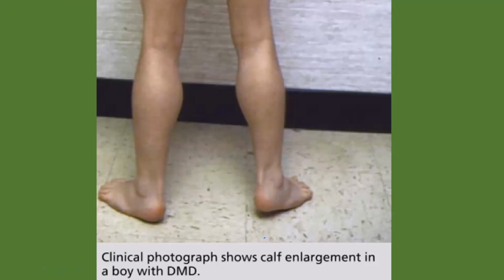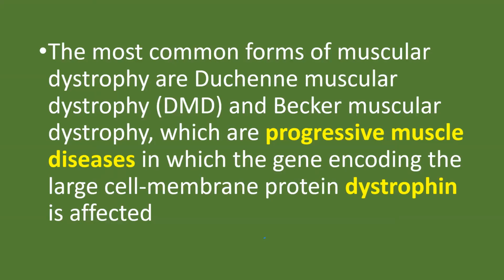The most common forms of muscular dystrophy are Duchenne muscular dystrophy and Becker's muscular dystrophy, which are progressive in opposition to cerebral palsy, in which the gene encoding the large cell membrane protein dystrophin is affected. So this is important.